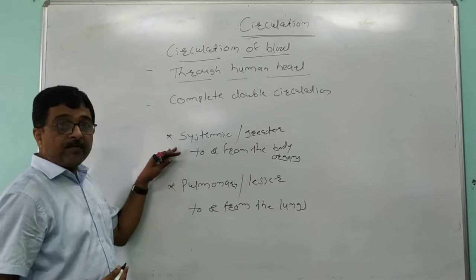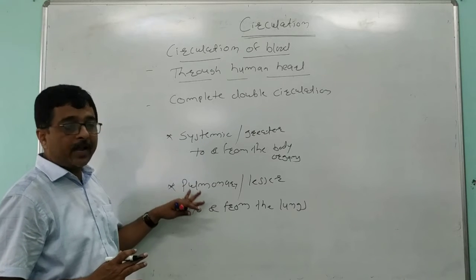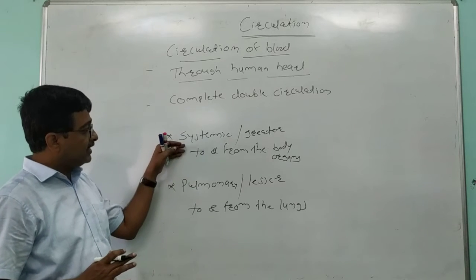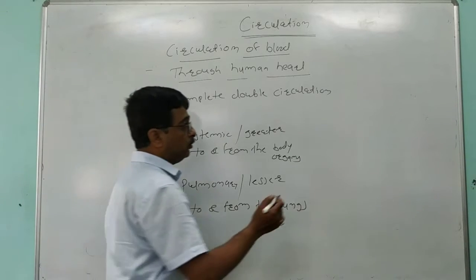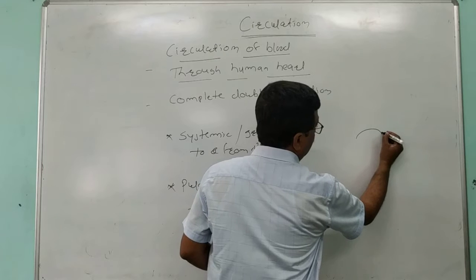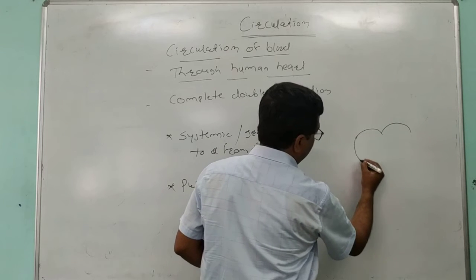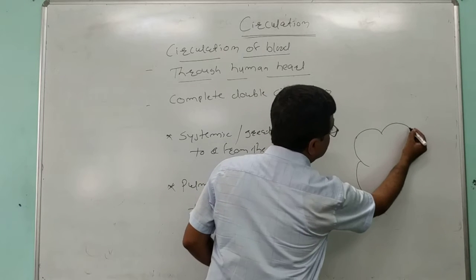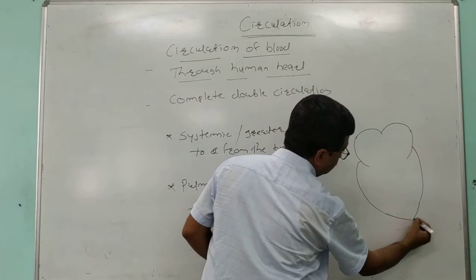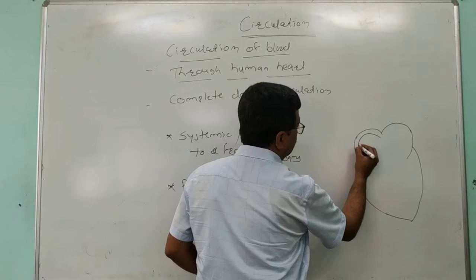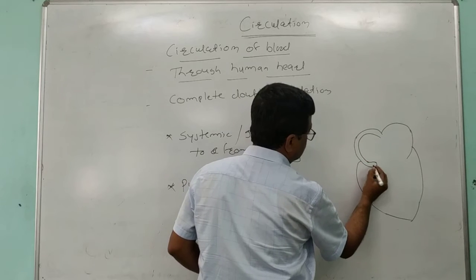Now, with the help of a very simple diagram, we are going to understand what exactly systemic and pulmonary circulation are. So here I am going to draw a very simple structure for the heart. Now these are chambers.